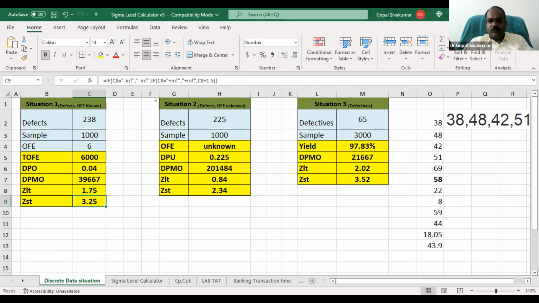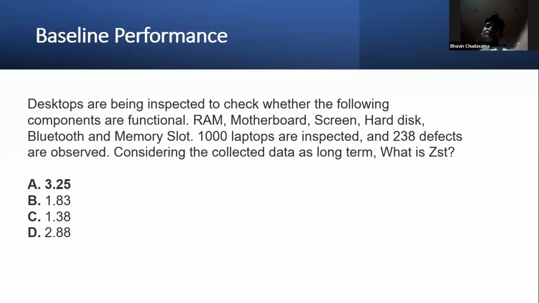So you just have to check. Let us go to the slide again. What is the answer? 3.25. You all know how it came? One side is the formulas behind that, which we all discussed.